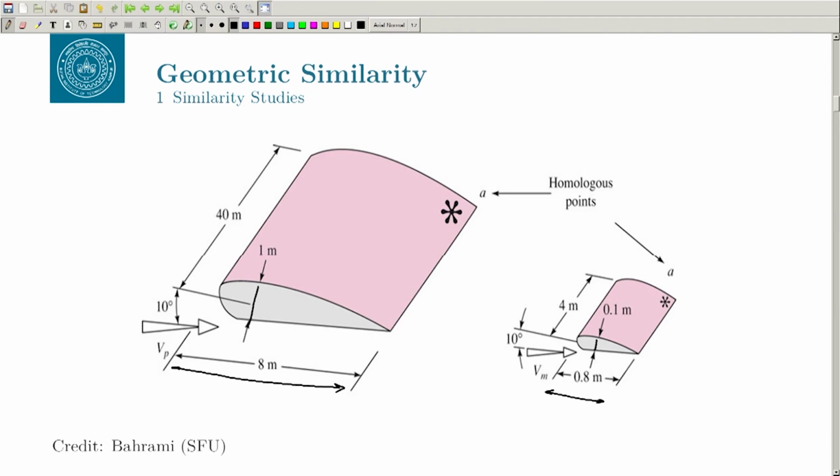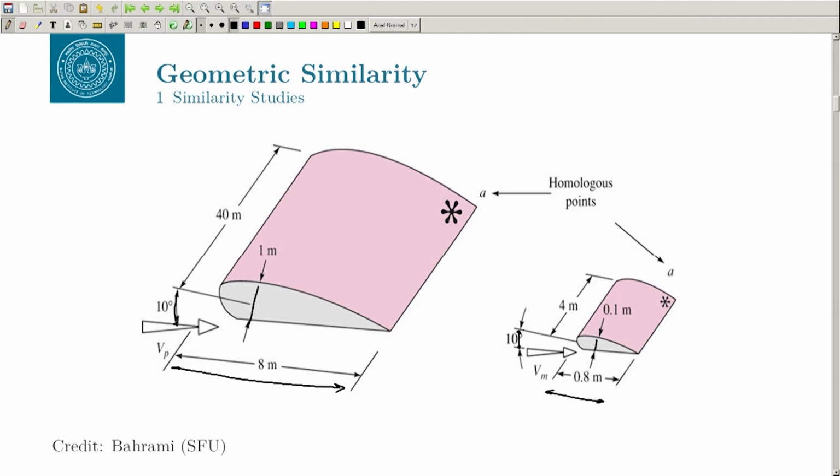Not only that, it should maintain the same angle of attack, right. So, if it is at, let us say, 10 degree angle of attack here, it must be 10 degree angle of attack here. That means it should be of the same shape.